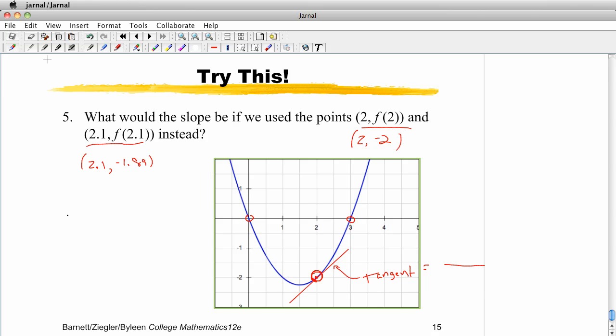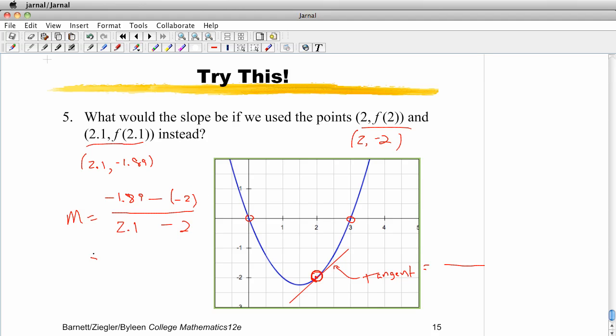So the slope between those 2 points is hard to count because their numbers are all decimals, but it's easy to just subtract the x coordinates and the y coordinates. So this is the y coordinate for the first point, the y coordinate for this point being subtracted, and then the corresponding x components.